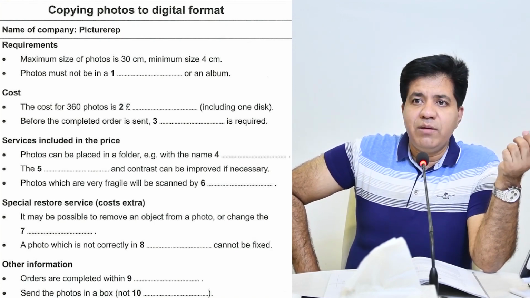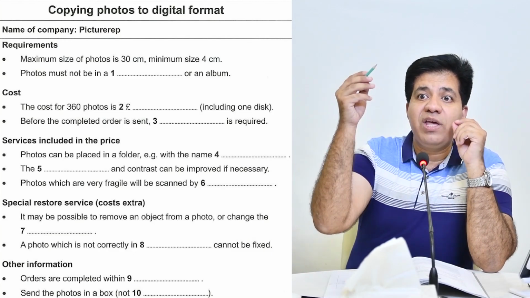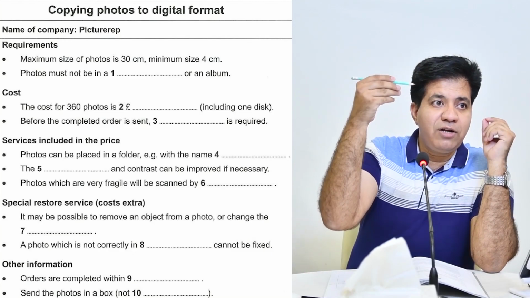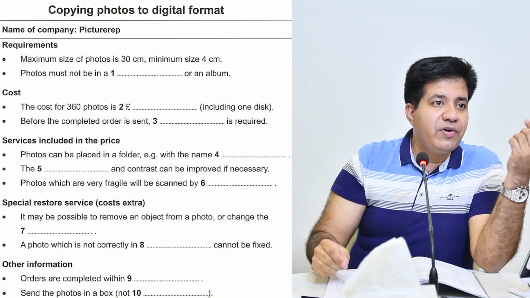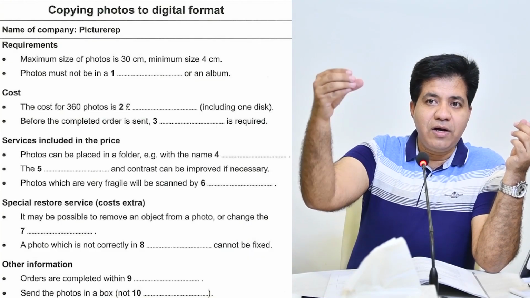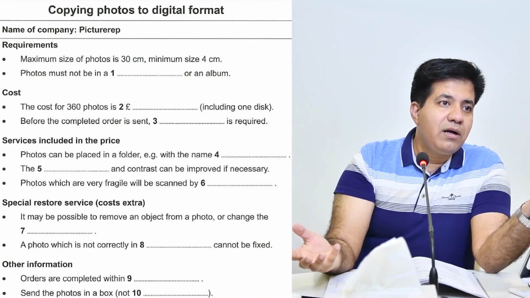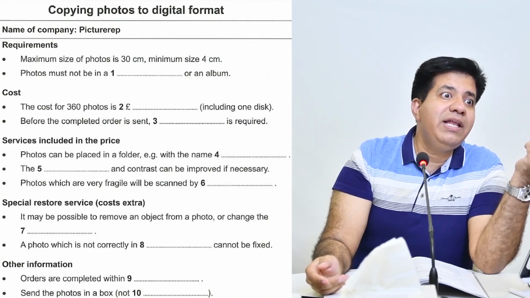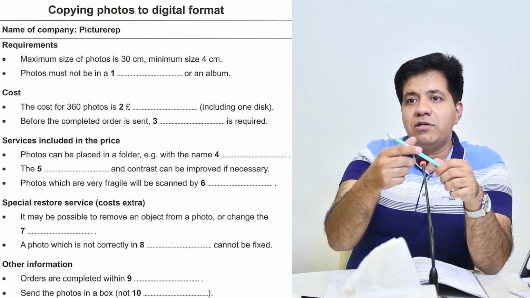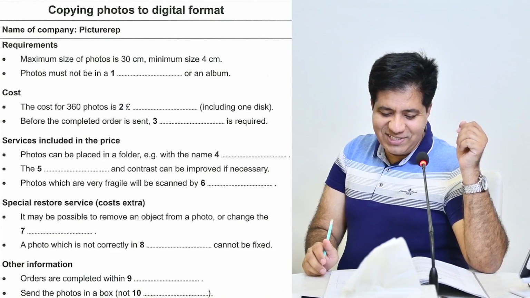This is called synonyms, pencil or lead pencil. But if I say something to write with is what we call rewording or paraphrasing. Like instead of saying a glass, you say a container which is used to hold liquids. That means glass, right? So sometimes it sounds silly that instead of pencil you are saying something to write with. Silly, but you know it's IELTS, so you have to accept it, okay?